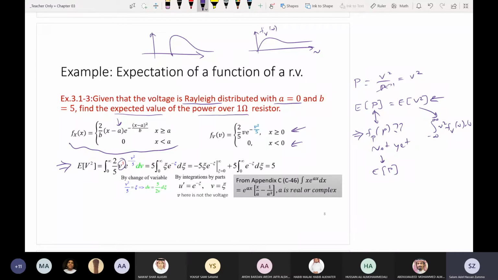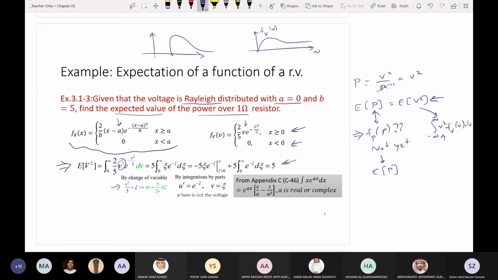So here we have V to the power 3, because we have a V here multiplied by V squared. We end up with V to the power 3 e to the power minus V squared over 5. We can do this by a change of variable and then integration by parts, and we get a result equal to 5.